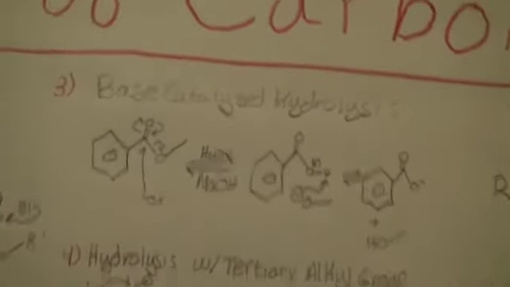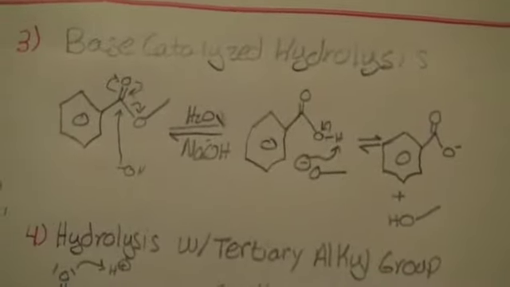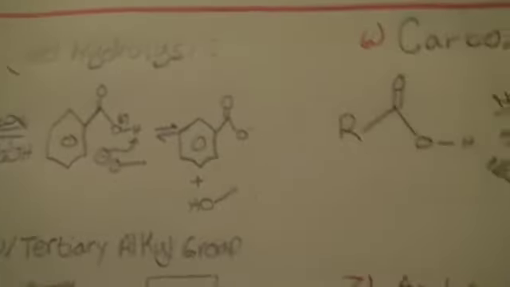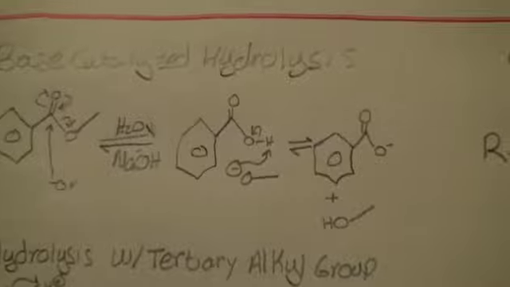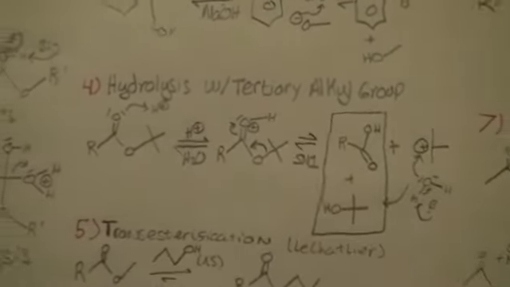3, we're going to look at the base catalyzed hydrolysis of an ester. You go from an ester back into a carboxylic acid, but in this case you go to the conjugate base of that because it's base catalyzed.